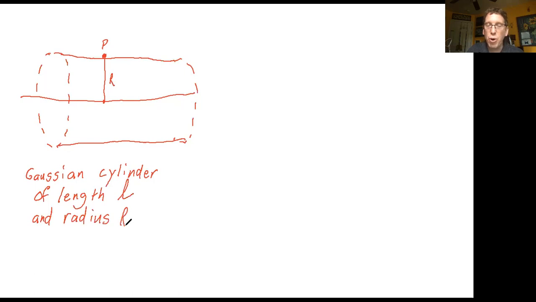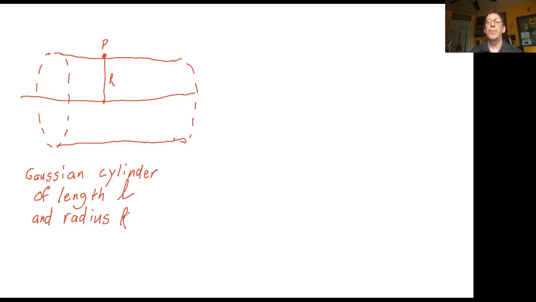The length L is arbitrary. You can make the cylinder as big or as small as you want, but you're evaluating at a point r, so the cylinder has to have that radius value of r.